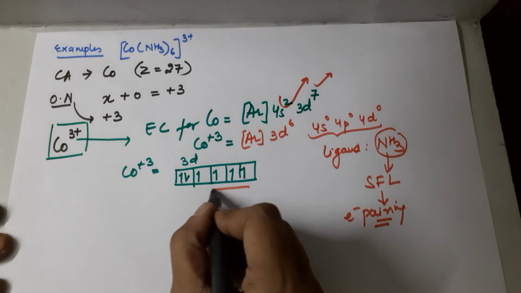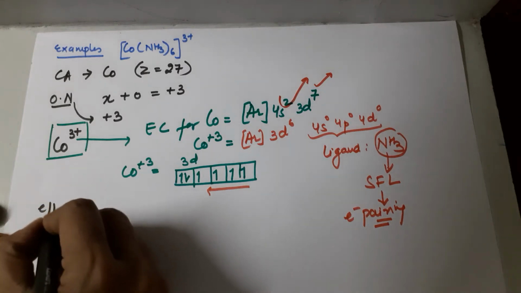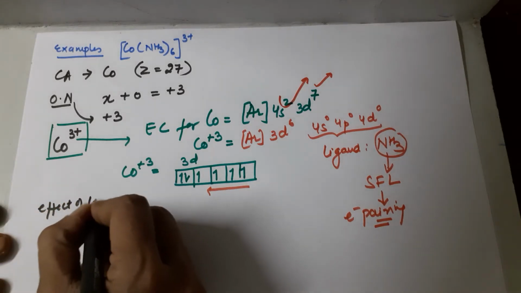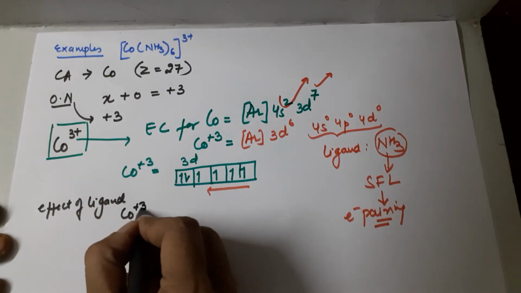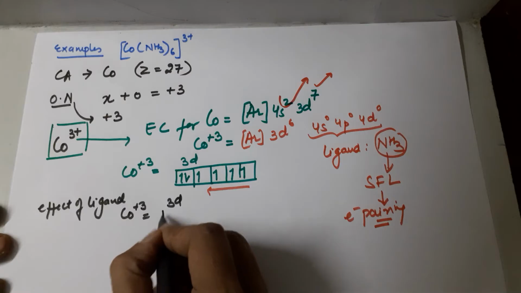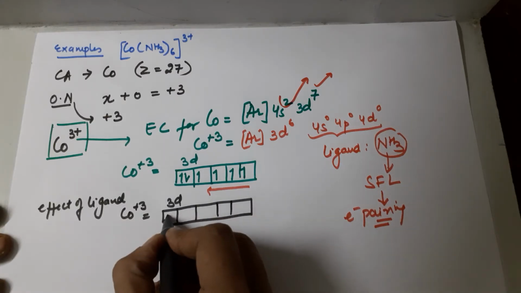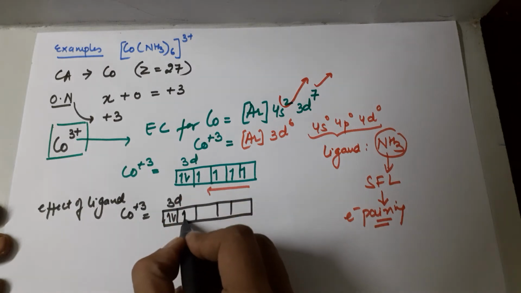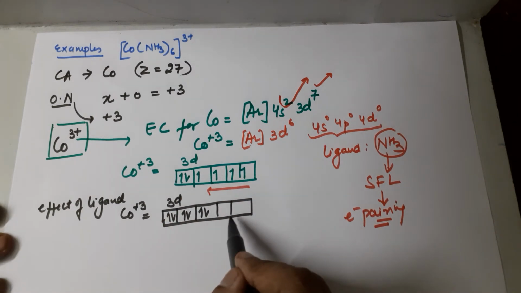So please pair these electrons. So the next point I am writing is effect of ligand. The effect of ligand would be in your cobalt 3 positive, your 3d would change into 1, 2, 3, 4, 5 and 6. So these two orbitals are now available for bonding.